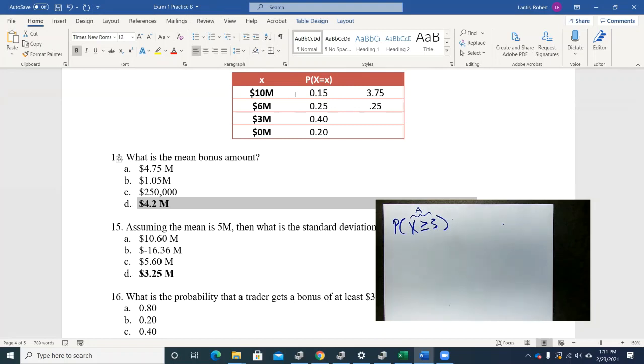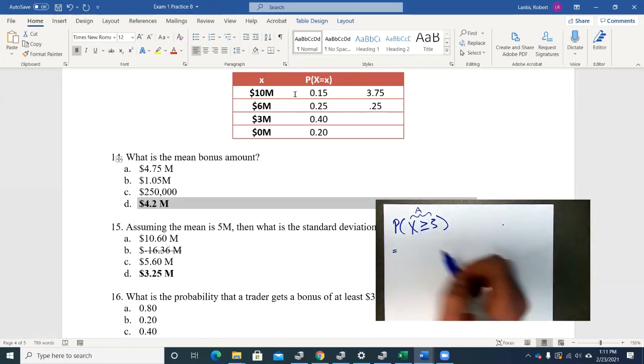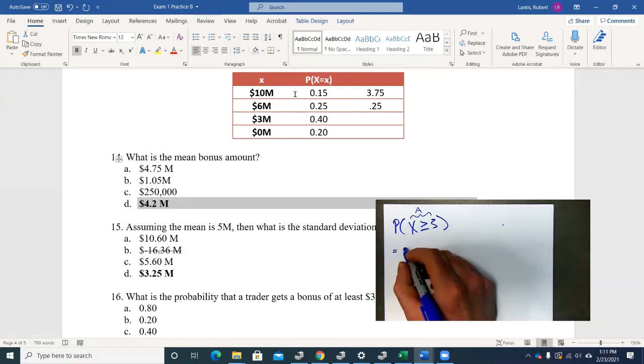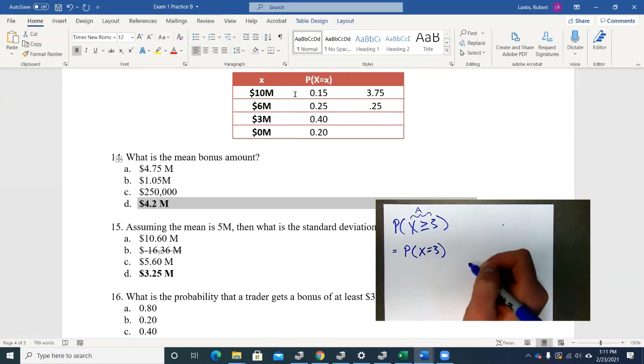We did this a lot more with the binomial distribution, and I showed you some examples with the Poisson too. So what I really want to think about is what are all the possible outcomes that fit this criteria for this variable? Well, the very first one is X could be equal to 3, plus the probability X could be, what's the next value we could see?